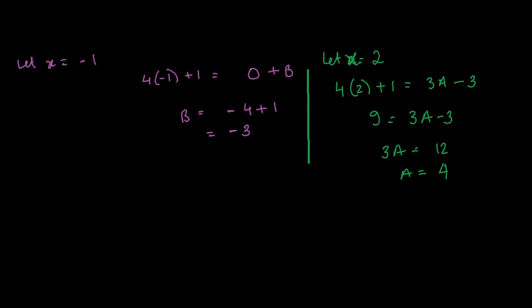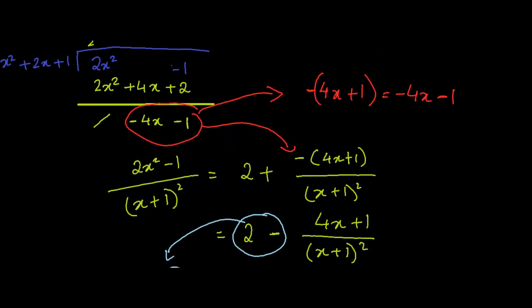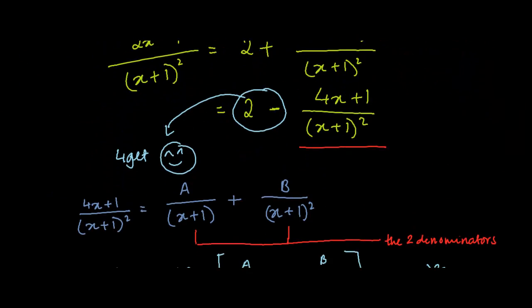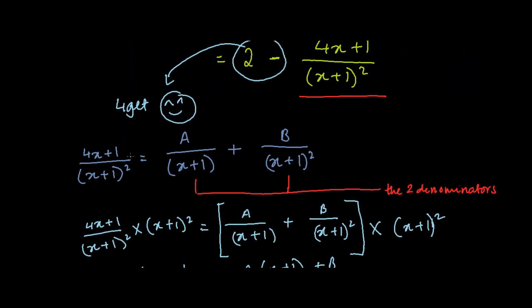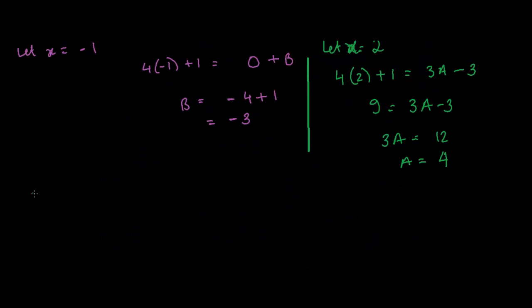Remember, we have (4x plus 1) over (x plus 1) whole squared equal to a over x plus 1 plus b over (x plus 1) whole squared.